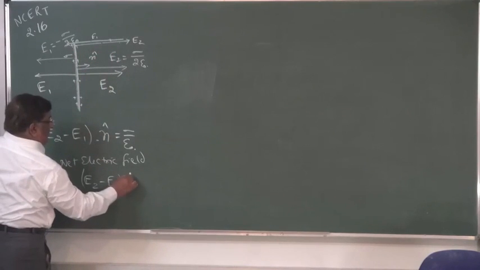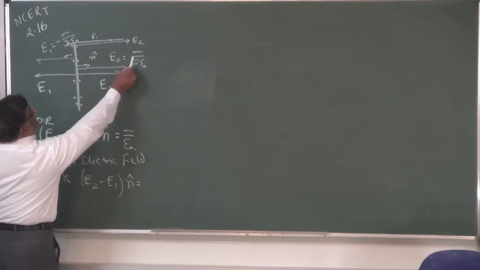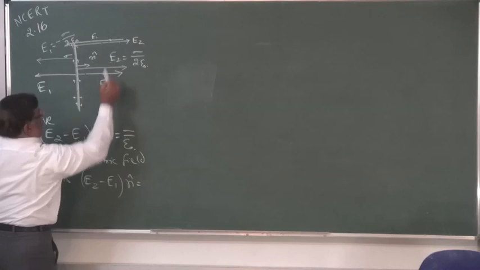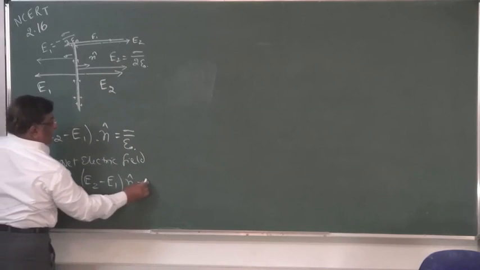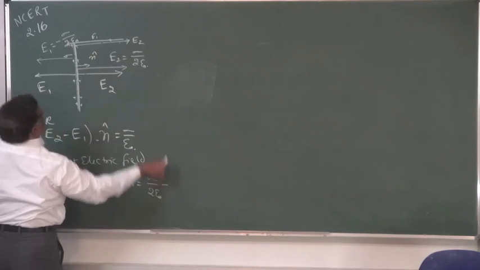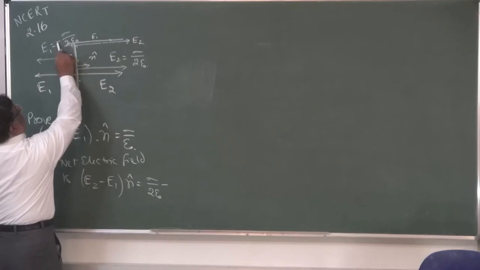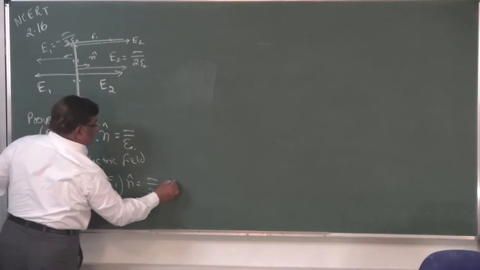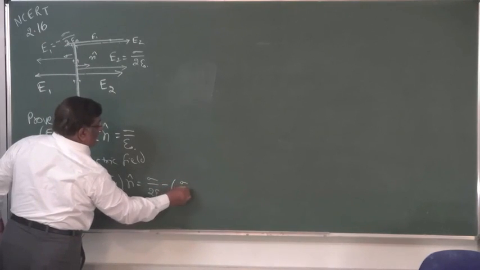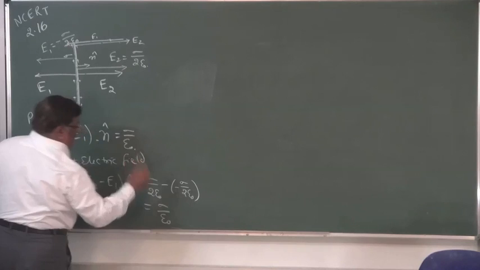So E2 minus E1, the direction is normal vector. And how much is it? The magnitude is sigma upon 2 epsilon naught for E2, minus E1, and E1 is sigma upon 2 epsilon naught, and this comes to sigma upon epsilon naught.